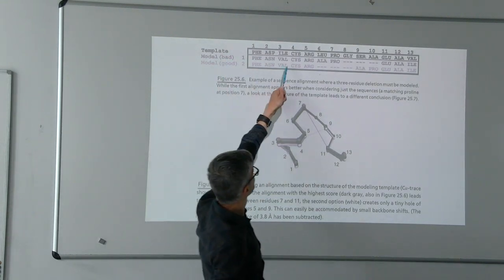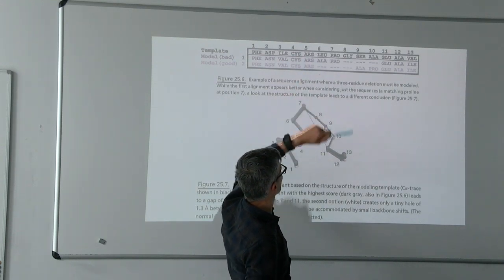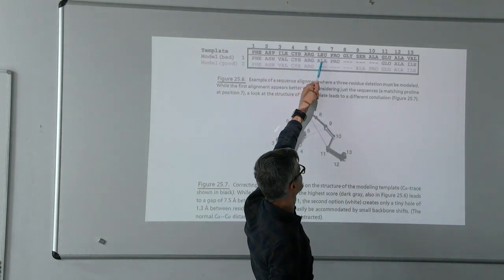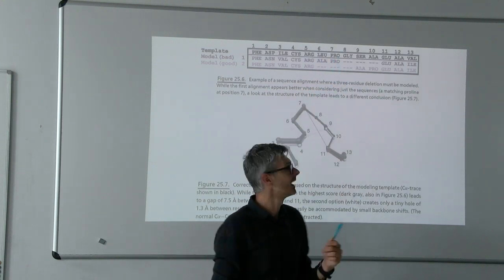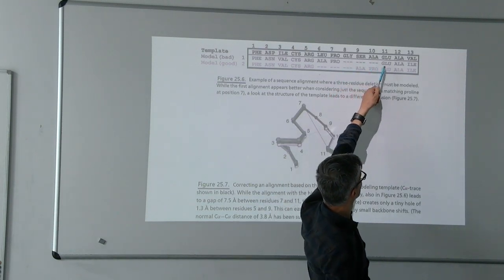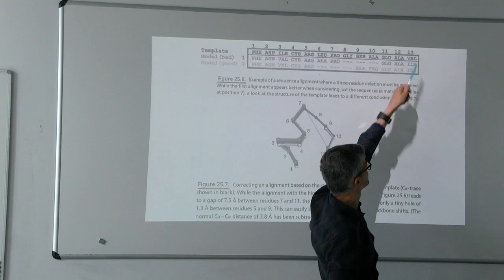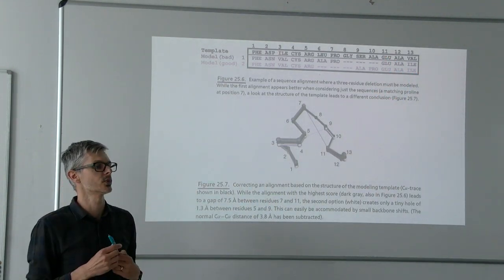Why? Cysteine matches with cysteine, arginine with arginine, and then this is still similar, hydrophobic, and proline, this makes sense. Then it will introduce a gap of 3, and then Glu, Ala, and so on. This makes sense if you just think in sequences.